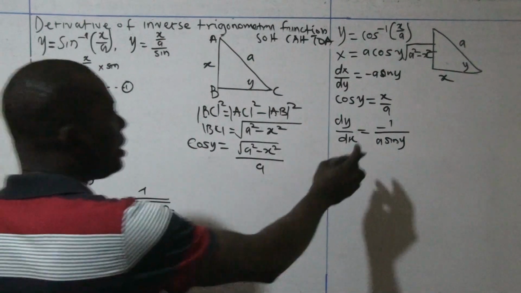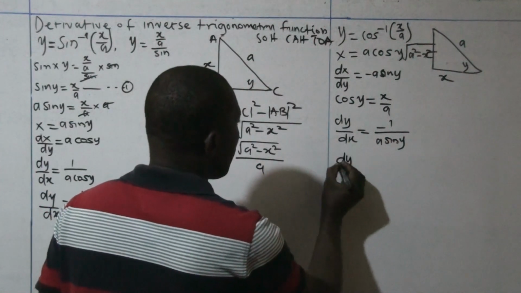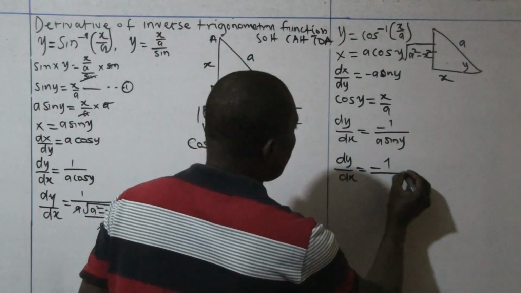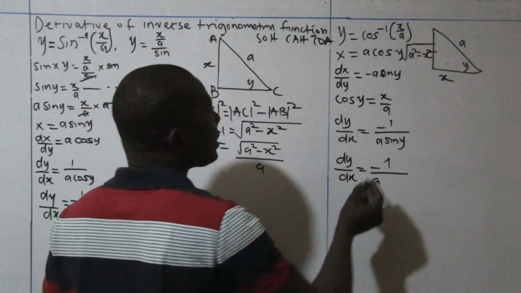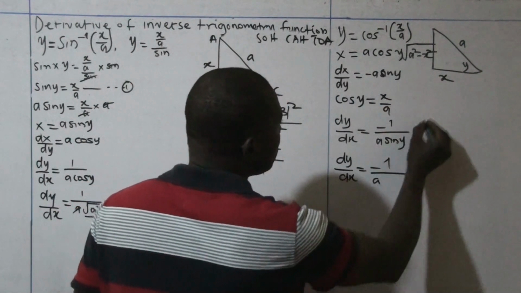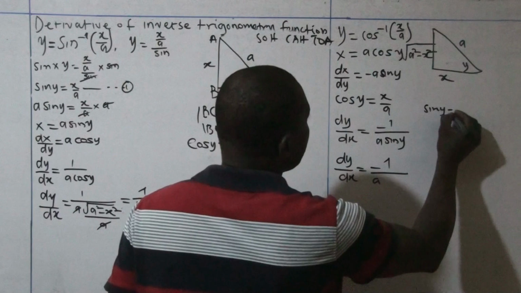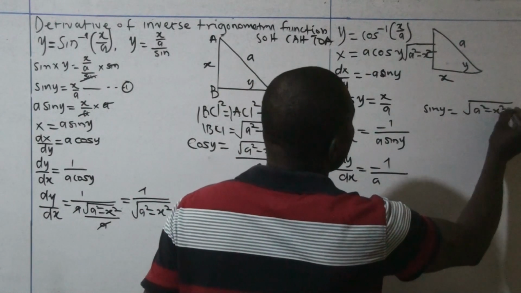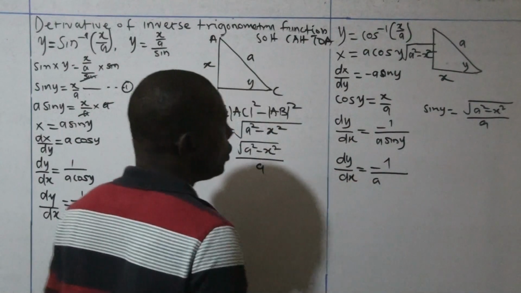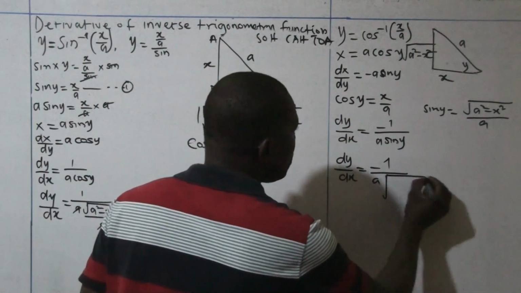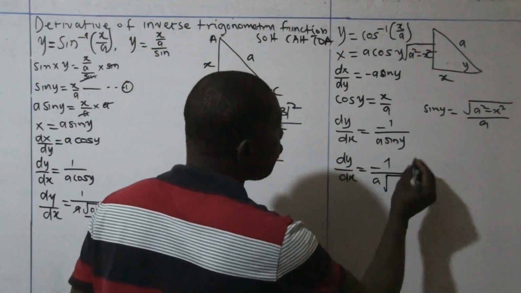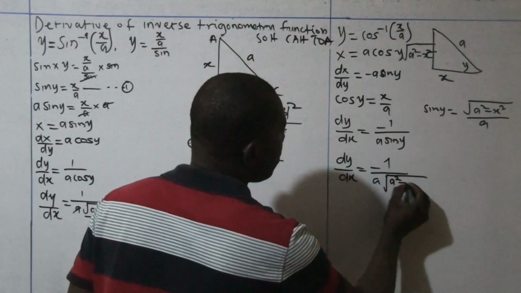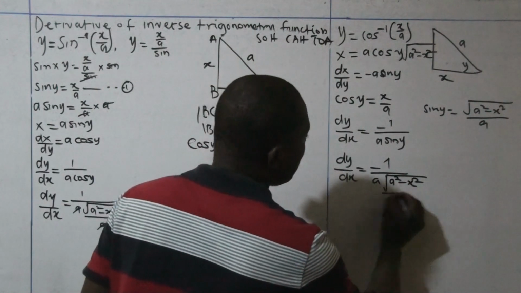Sine y is the square root of a squared minus x squared all over a, so we substitute the ratio of sine y here.